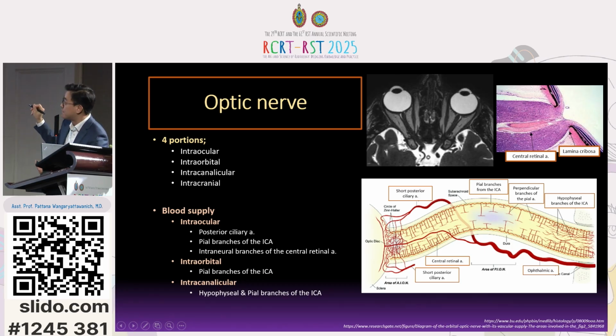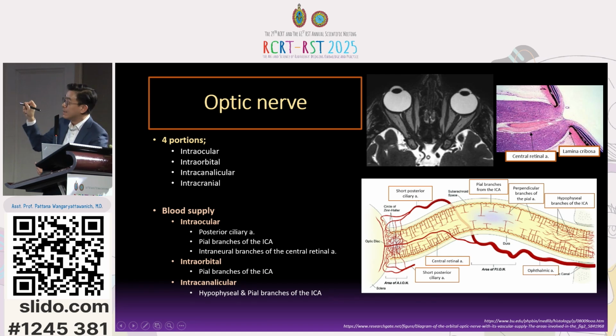The first one is the hypophyseal branches of the ICA. So it's a small branch of the ICA that penetrates inside the optic nerve. And then the second arterial supply in this area comes from the pial branches of the ICA, which are small branches that run along the pia mater of the optic nerve.